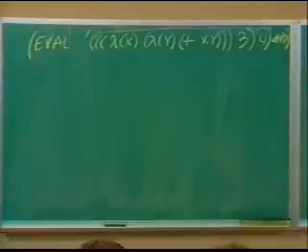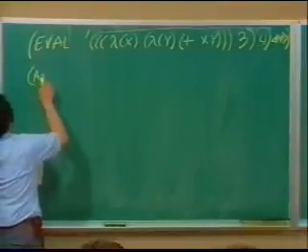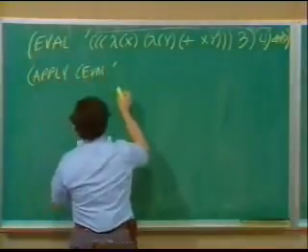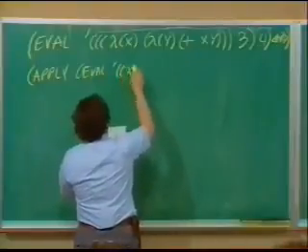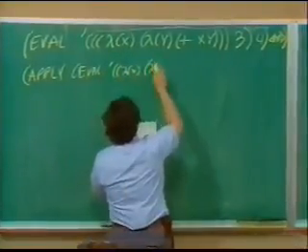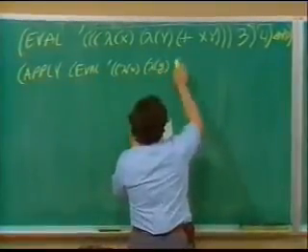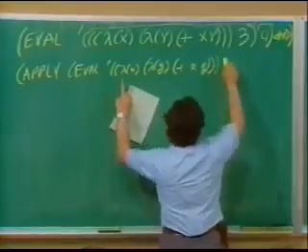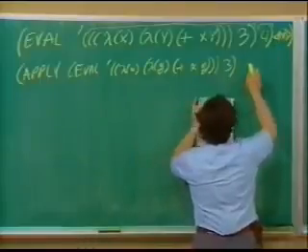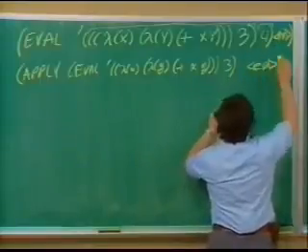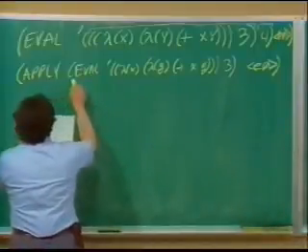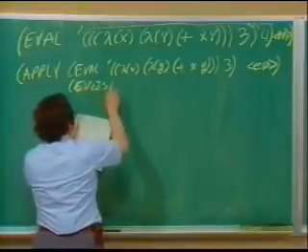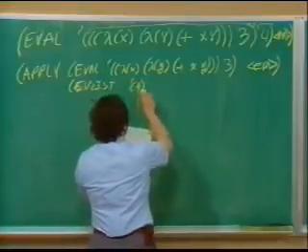Well, that means that what I'm going to do is transform this into apply of eval of, quote, open lambda of x, lambda of y, plus x y, close — I'm evaluating the operator in the environment, also E0 — with the operands that I'm going to apply this to, the arguments, being the result of evlist, the list containing 4, in E0.